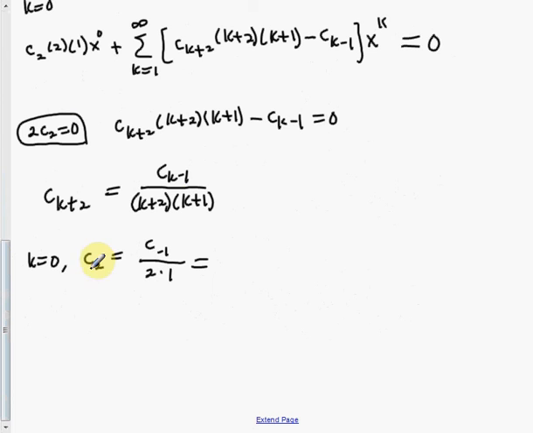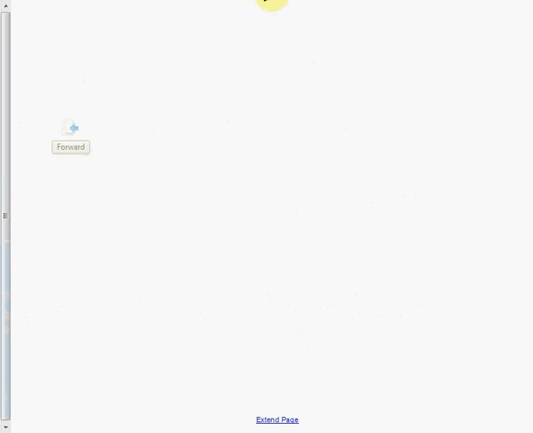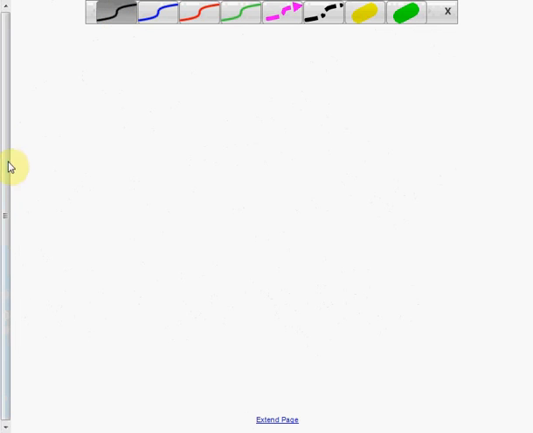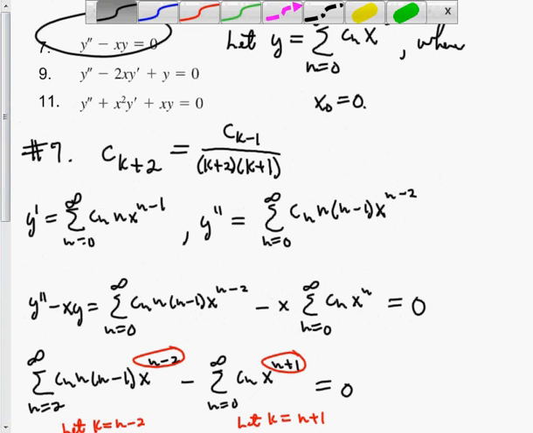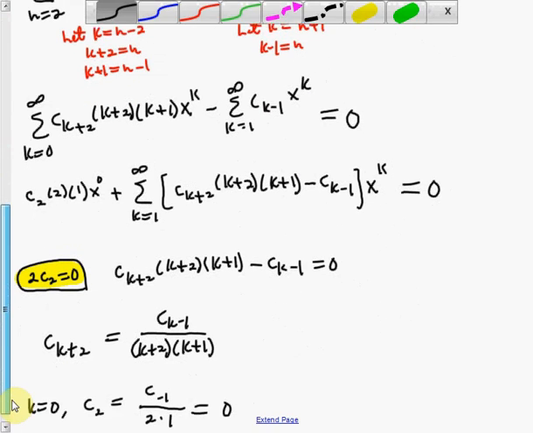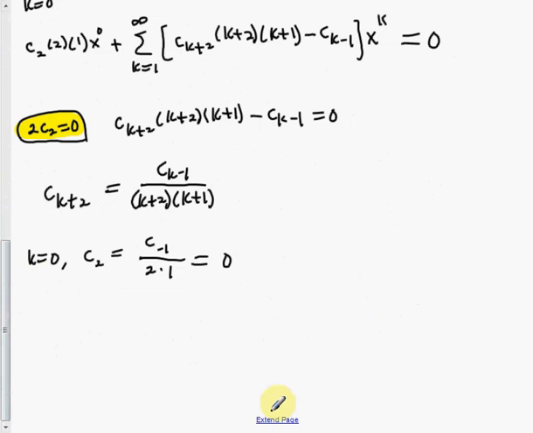Because this right here says that this is c sub 2. So whatever that c sub negative 1 is, I don't care what that is. I know that c sub 2 is equal to 0, right? From this term right here. Let's go to the next one.